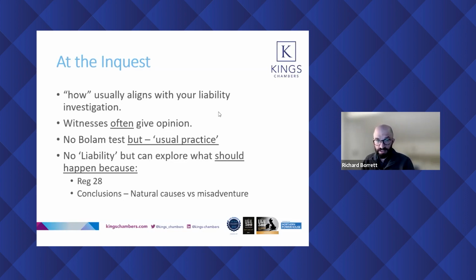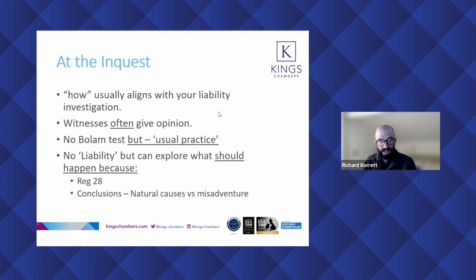So you can ask witnesses whether they think that something should have happened, whether they're surprised that something happened, whether it's normal, whether it's not best practice. The Bolam test doesn't apply, but you can ask about what usual practice is, what should happen, because even though the coroner is not investigating liability formally, the coroner will want to explore what should happen and whether anything has gone wrong for two reasons.